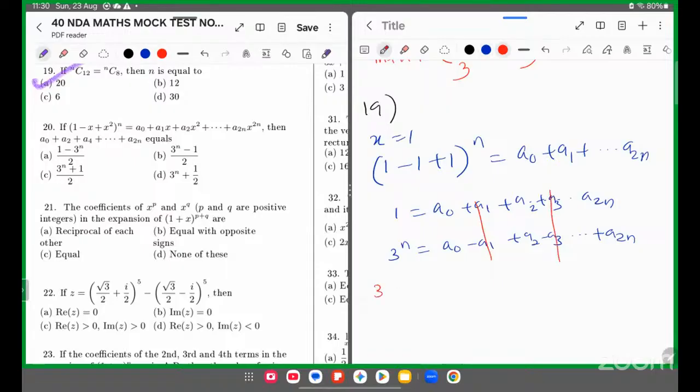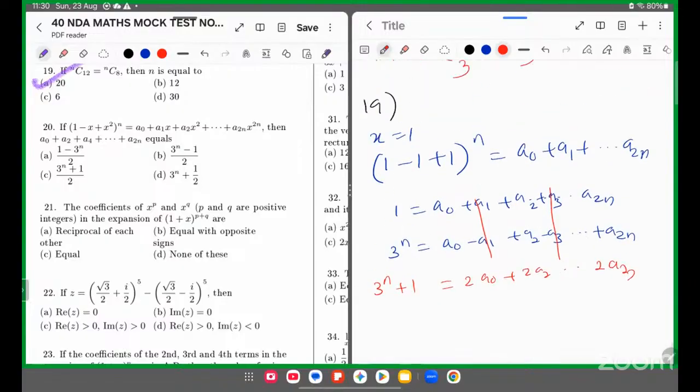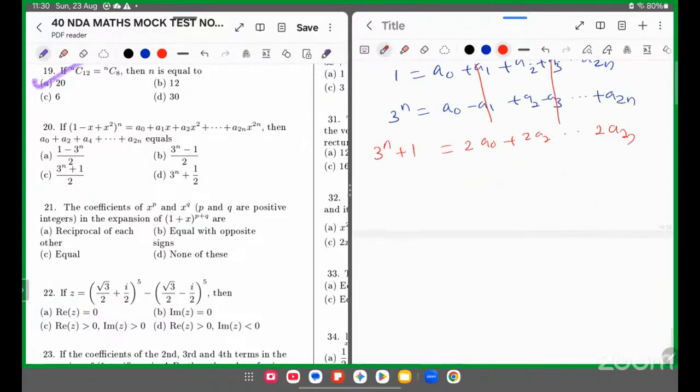So 3 raised to n plus 1 equal to 2 times A0, 2 times A2, like that, 2 times A2n. So 2 can be taken out and you will be able to write (3 raised to n plus 1) by 2 will be the answer for the question. So 20 answer option C.